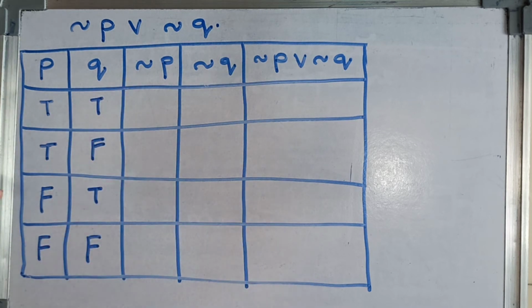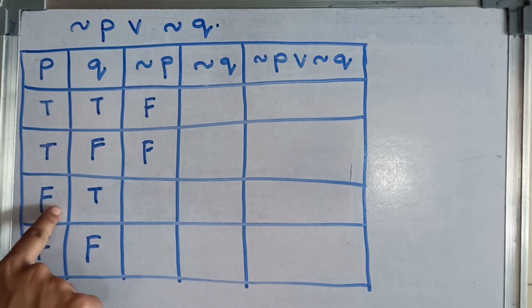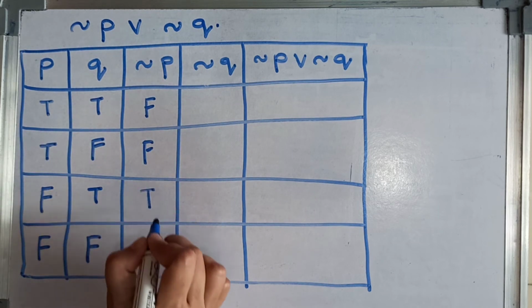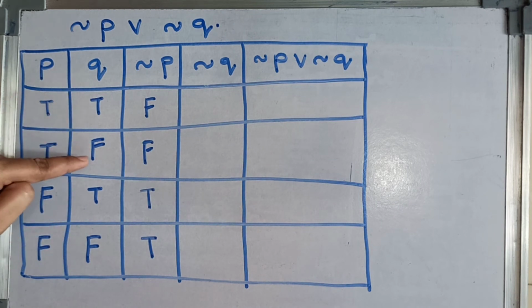Negation P means all the truth values will be opposite. So here you will have FF and TT. Negation Q will be values just opposite of Q, so it will be FT, FT.